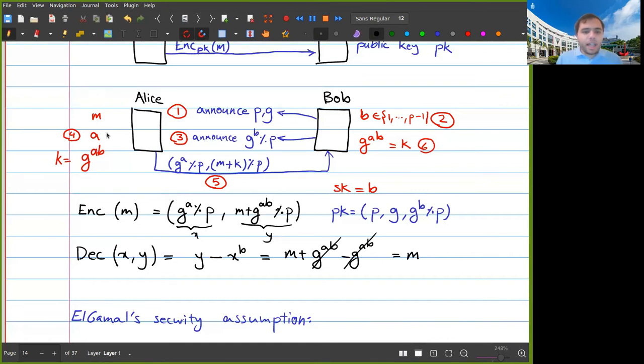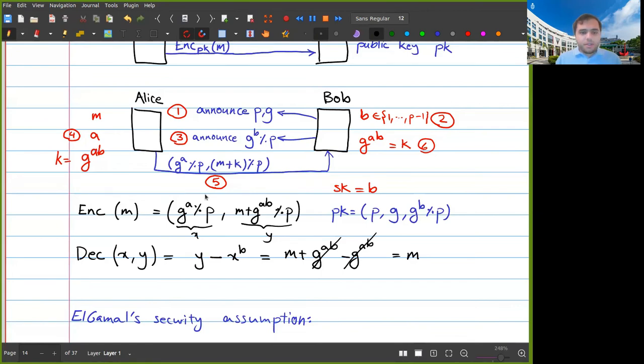So now what Alice can do is that she can do this signature in an interactive way, in a sense, right? So she can first send this thing to Bob. So she sends this message to Bob, and if then Bob can decrypt it and send it back, that's the same as Bob having signed this.